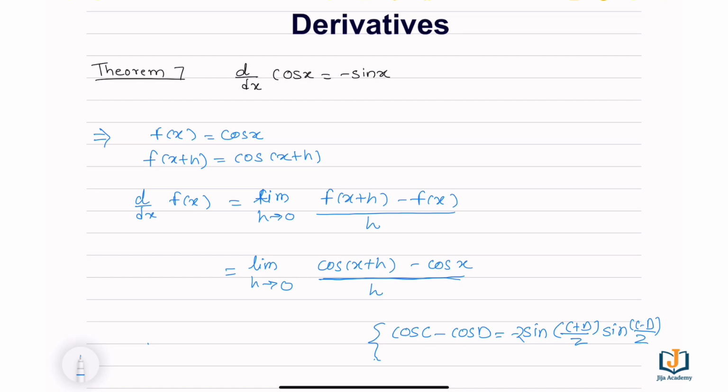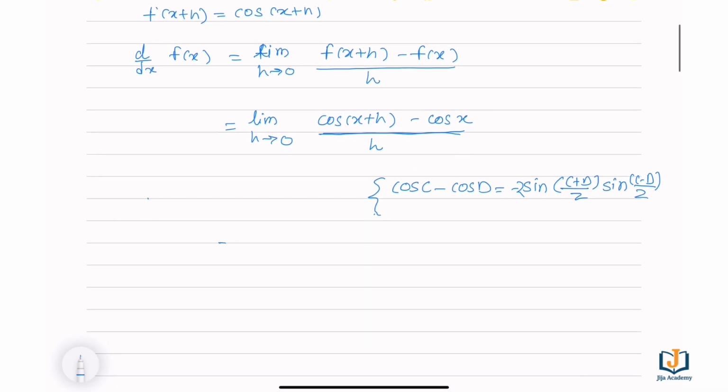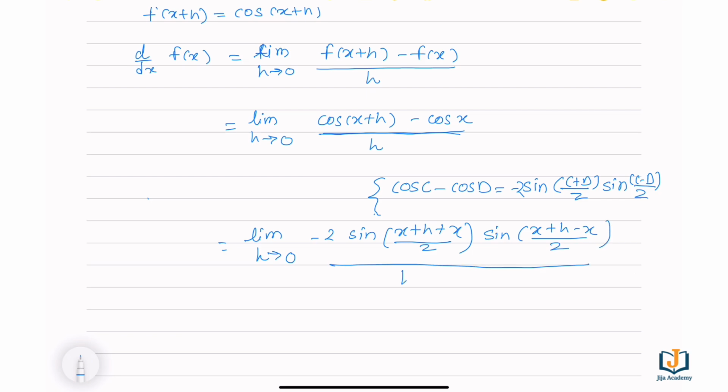We are using the formula in our problem, so it is equal to limit h tends to 0 minus 2 sin (x plus h plus x) divided by 2 into sin (x plus h minus x) divided by 2, divided by h.